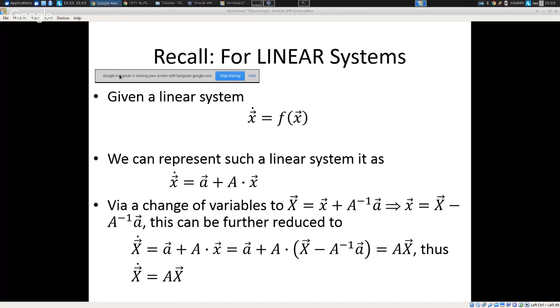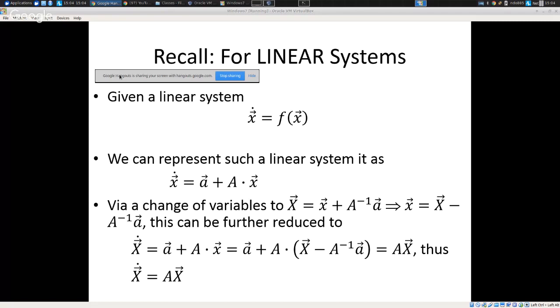A is a matrix of constants, so when applied to a vector, all it does is a linear transformation, combining the elements of the vector in a linear way. It takes a dot product, as it were, of the rows of A with x to determine each successive element of the product.